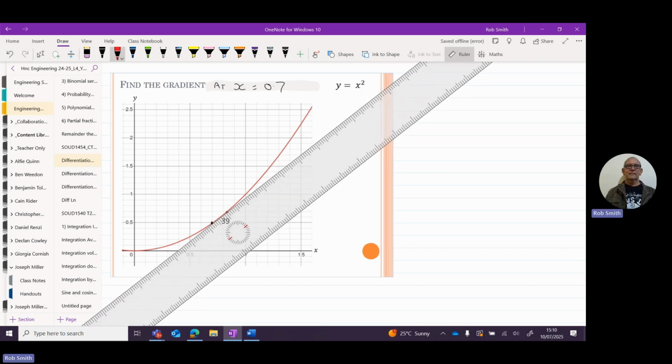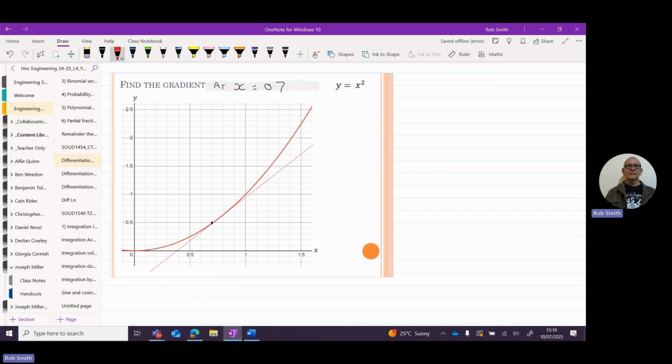So what you did was construct the tangent, put 2 points on it, and work out the gradient: (x1, y1), (x2, y2). So let's write that down. The definition of the gradient is y2 take away y1 divided by x2 take away x1.